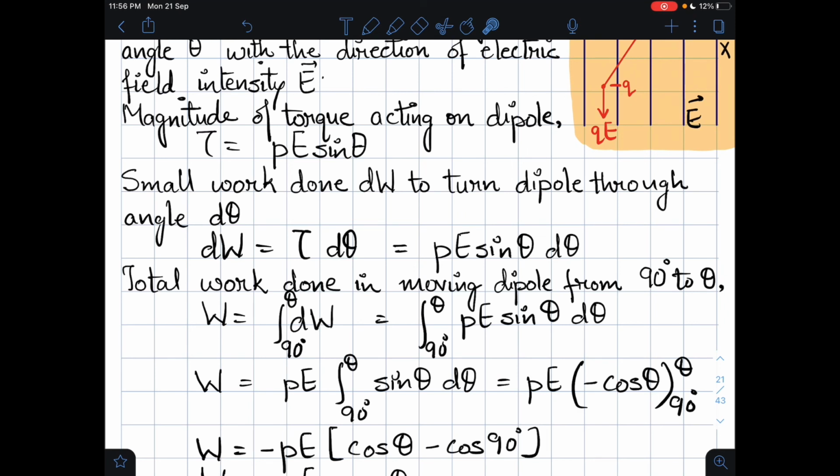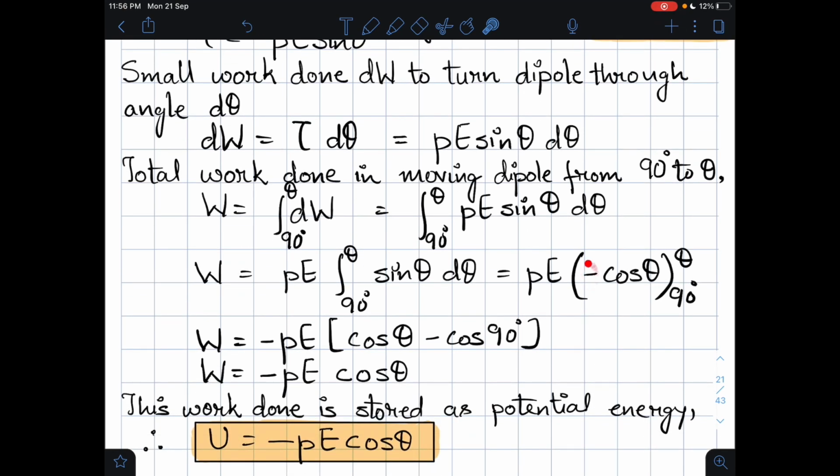The integral of sin theta is minus cos theta, so it becomes pE into minus cos theta, with limits from 90 degrees to theta. So work done becomes minus pE, taking this minus out, minus pE cos theta at the upper limit minus cos 90 degrees at the lower limit. Cos 90 is 0, so work done equals minus pE cos theta, and this total work done is stored as potential energy, and therefore U equals minus pE cos theta.